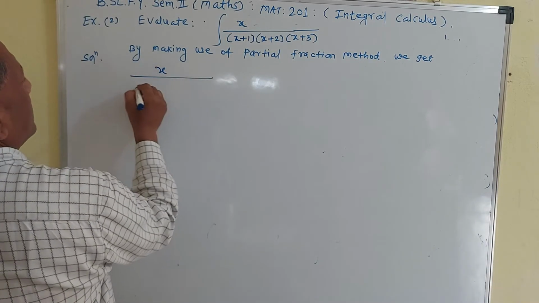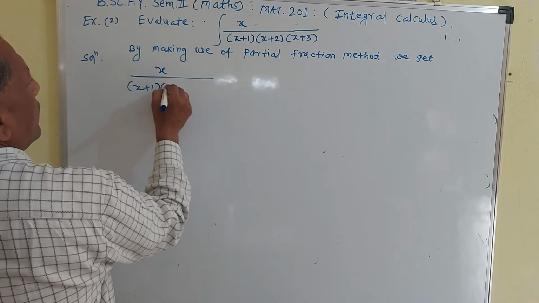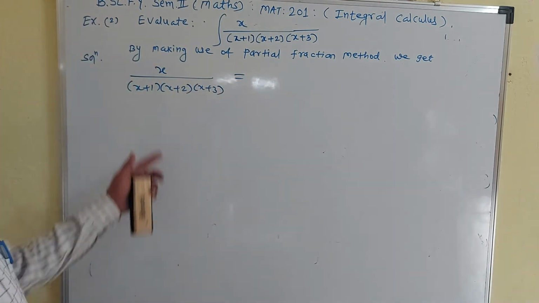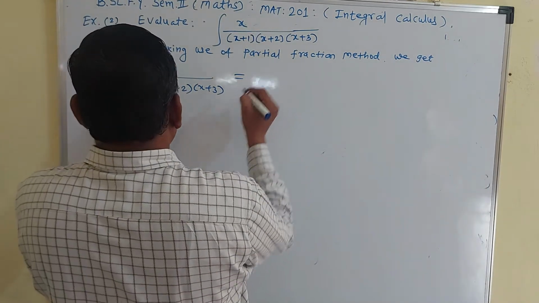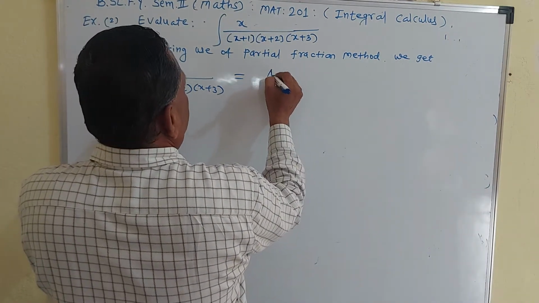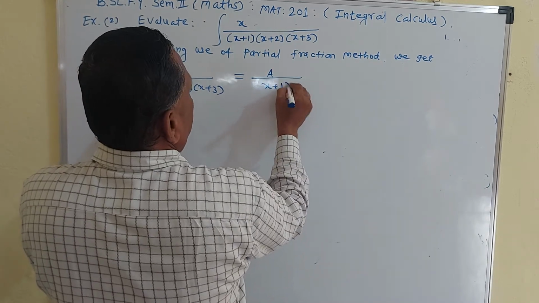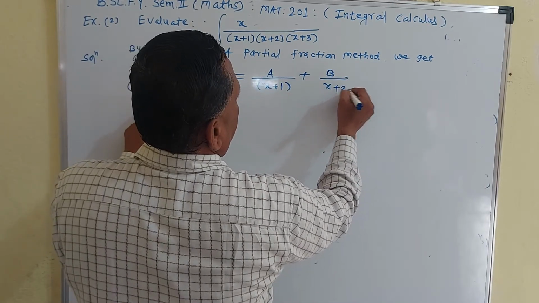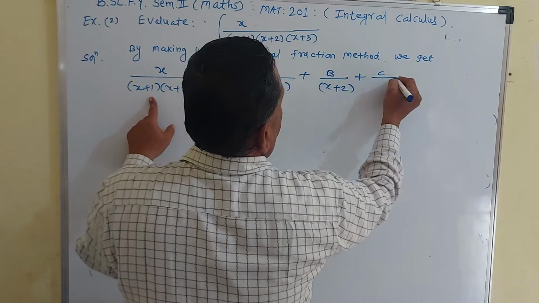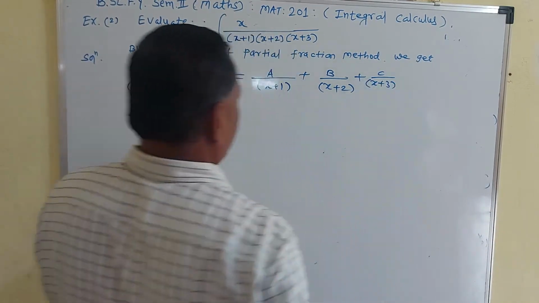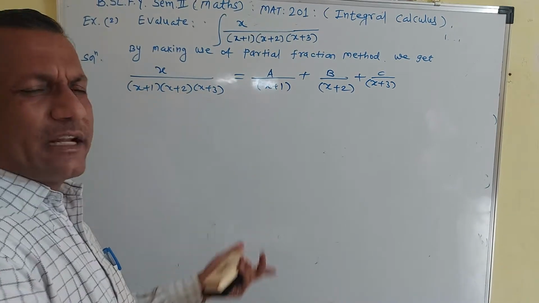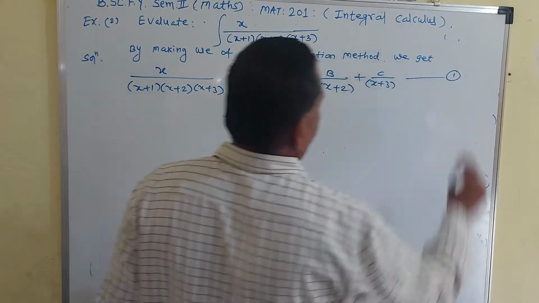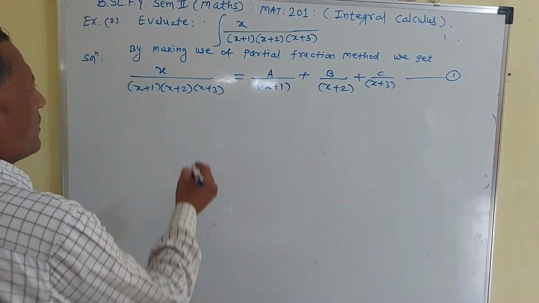X upon x plus 1 into x plus 2 into x plus 3 is equal to, there are three factors, so there are three constants, a upon x plus 1, plus b upon x plus 2, plus c upon x plus 3. Instead of x plus 2, you can take x minus 2, because x minus 2 is also a linear factor. Suppose number 1. Here we find the values of a, b, c.